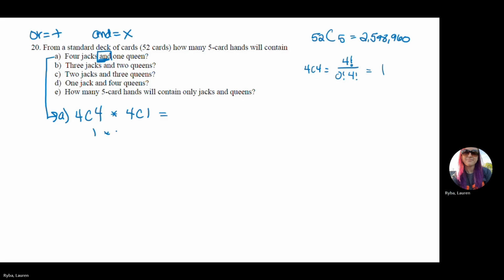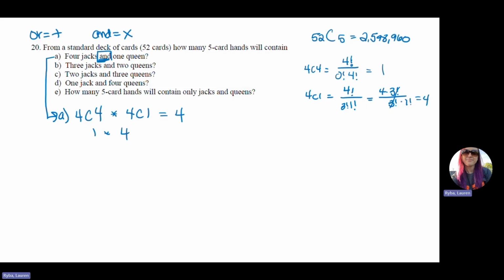Okay? 4 choose 1 is 4 factorial. Their difference is 3 factorial, 1 factorial. There we go. 4 times 3 factorial is going to cancel out the 3 factorial, and 1 factorial is just 1. So 4 divided by 1 is 4.